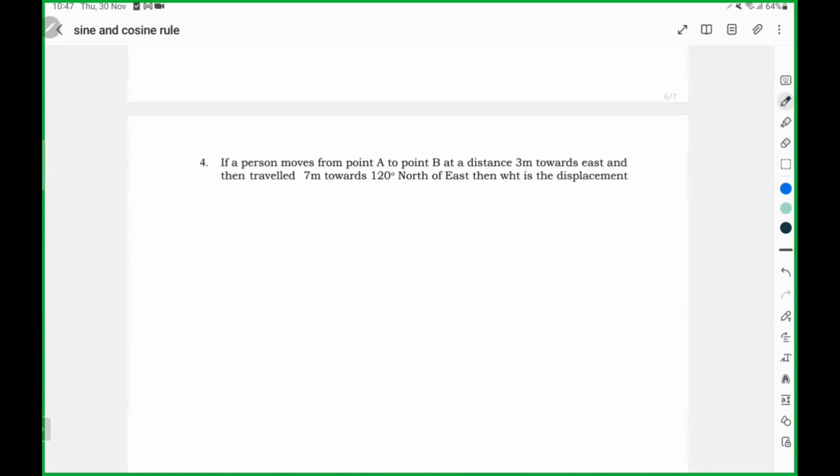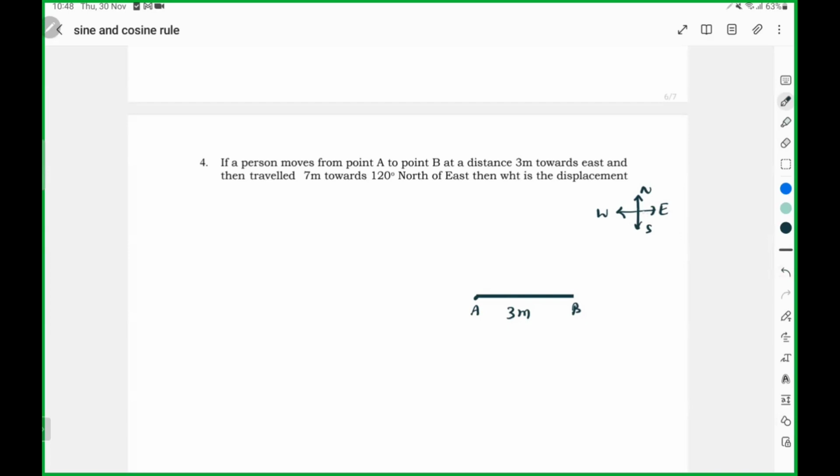So a person moves from A to B towards east, at a distance of 3 meters, and then travels 7 meters towards northeast.